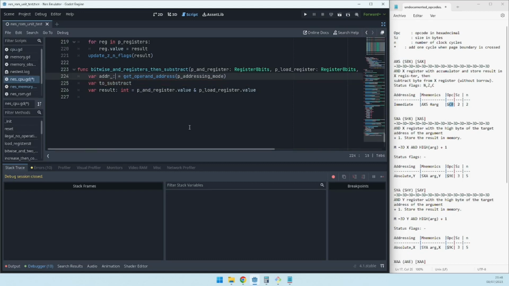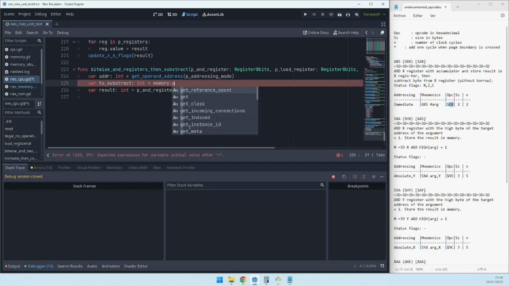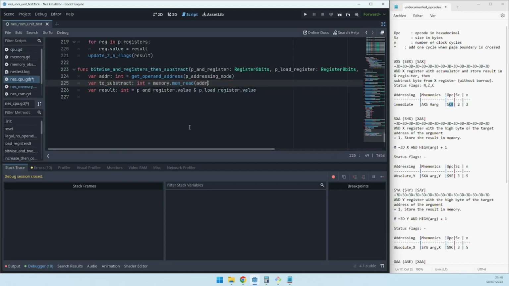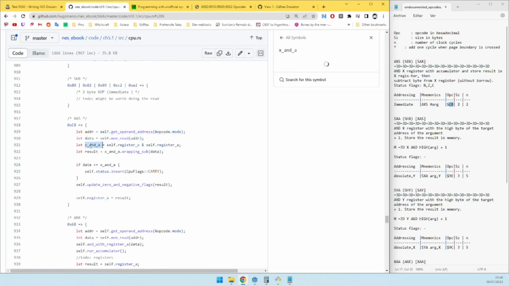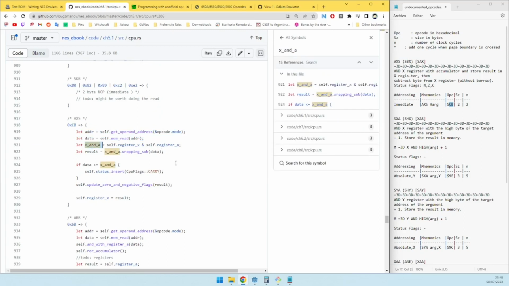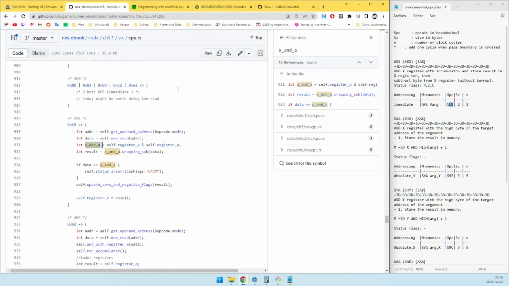Sorry, I am forgetting to put type hinting. Memory read address, and makes an AND of the two registers and the result.